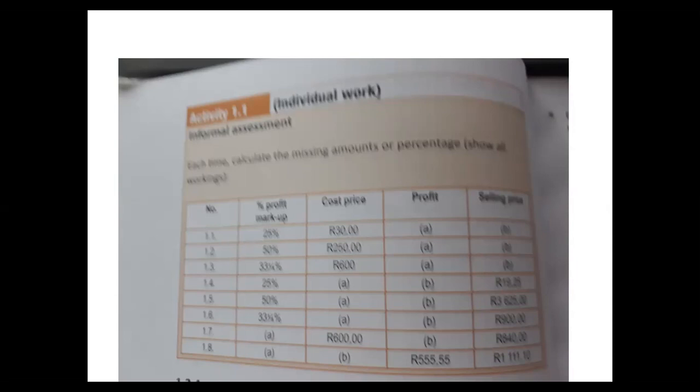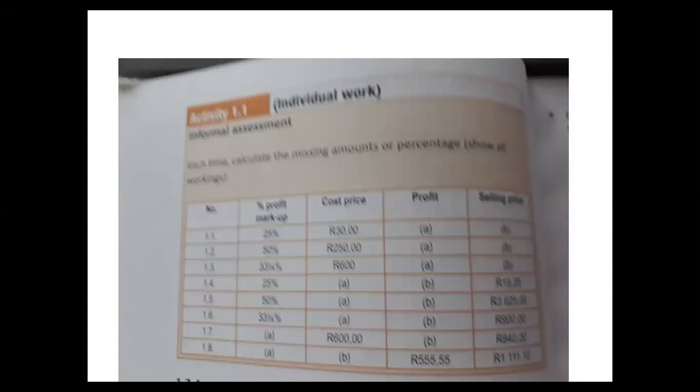Okay, in the meantime, I'm going to do 1.2. 1.2, we've got 50%. We've got the cost price of 250. So again, let's first work out the selling price. To work out the selling price, you take the cost price of 250, you times it with 100 plus the 50%.